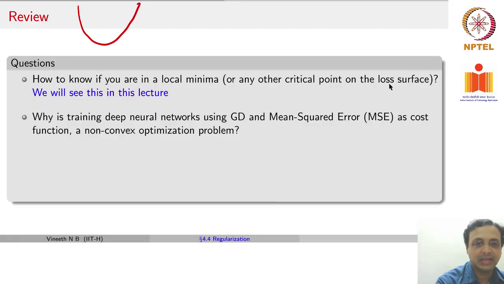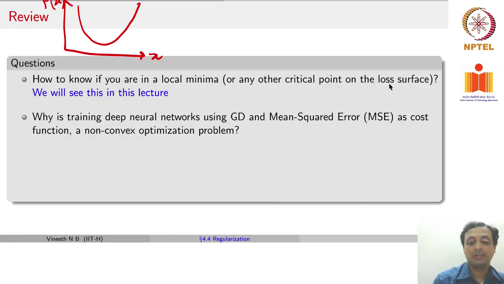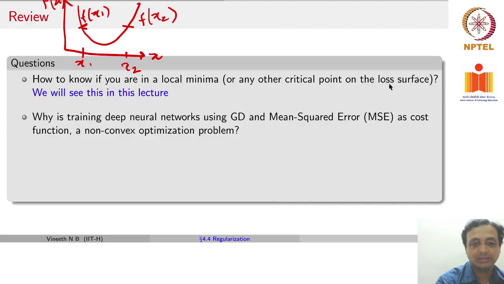The definition says that if you have a point x1 and a point x2, with f of x1 and f of x2 on the f of x axis, then the line connecting f of x1 and f of x2 will always lie above the curve.